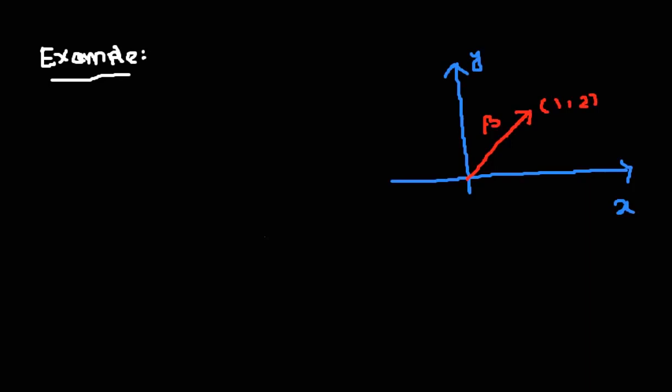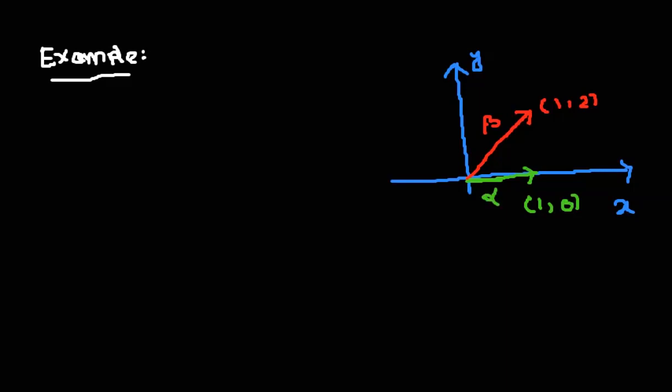And we're going to take another vector. For example, let me take a vector over the x-axis. Suppose this is just (1, 0), and we want to find the projection. So this is our vector alpha.